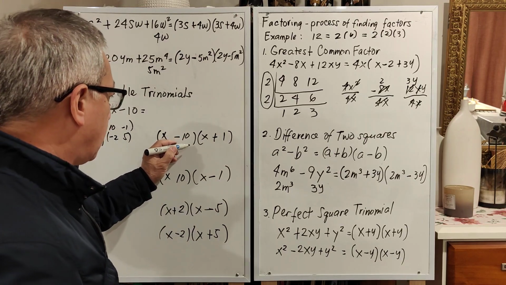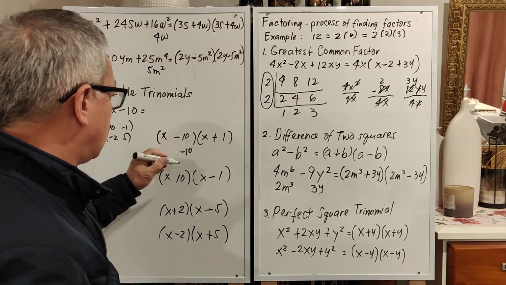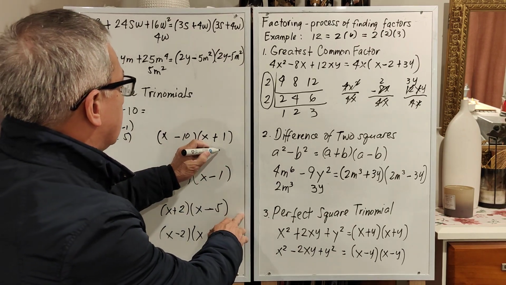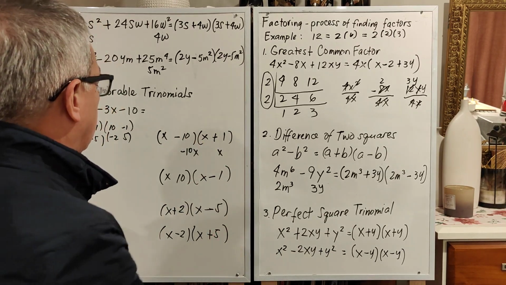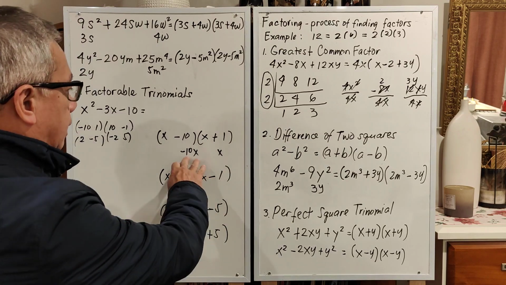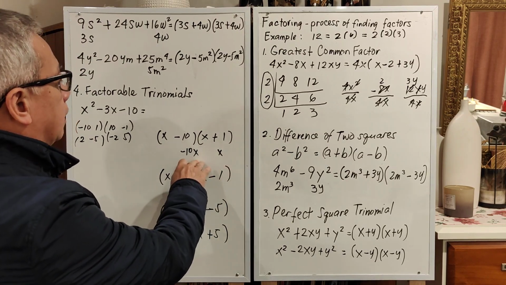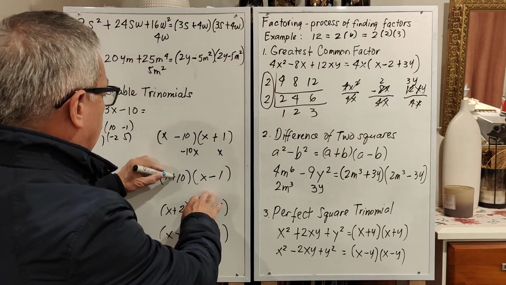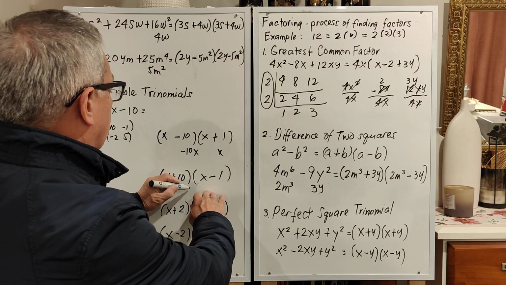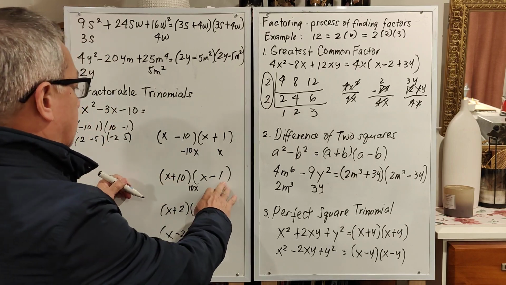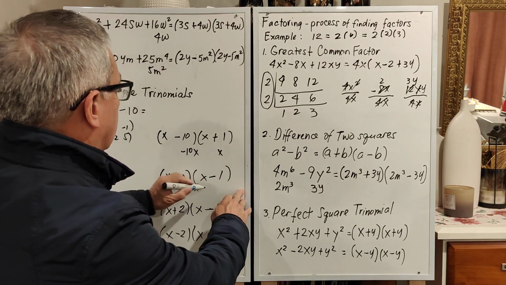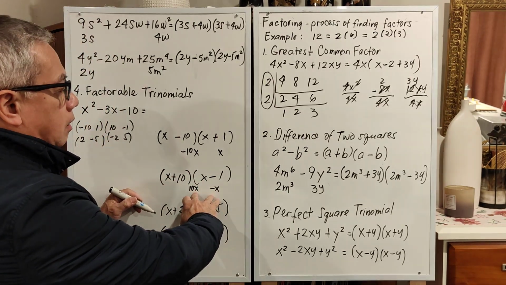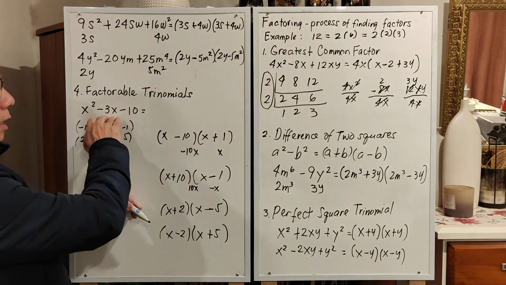For the first, this will become negative 10x, and this one will be 1x, or x. If you add these two, it will be negative 9x, which is not this one. In the second, if you multiply, this one is positive 10x, and this one times this one is negative x. If you combine, it is positive 9x, which is not this one.